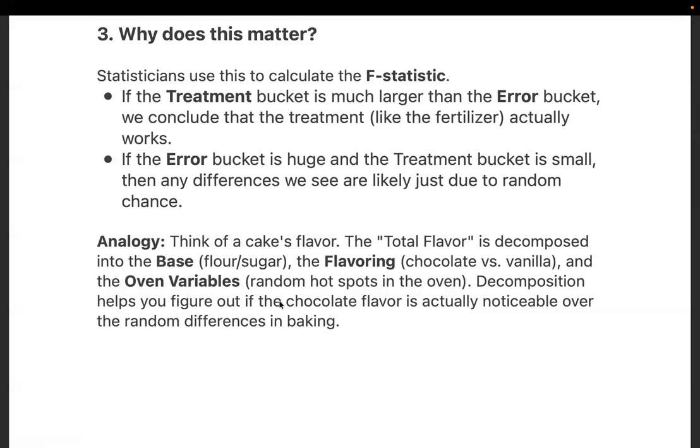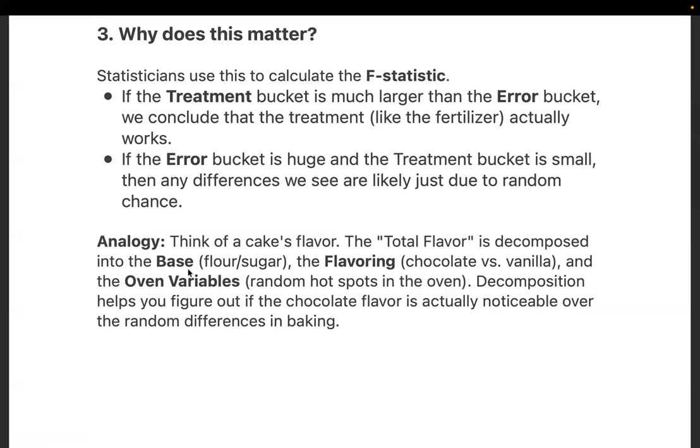Decomposition helps you figure out if the chocolate flavor is actually noticeable over the random differences in baking. The flavor you just tasted could be due to the base, because flour and sugar may be in all the cakes.